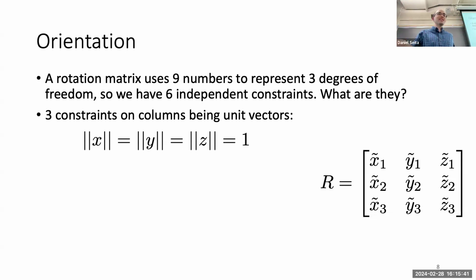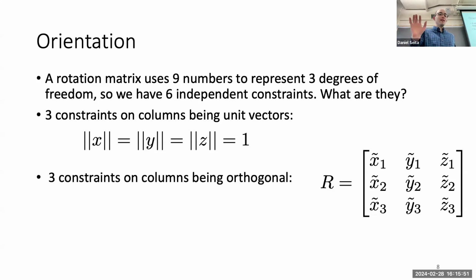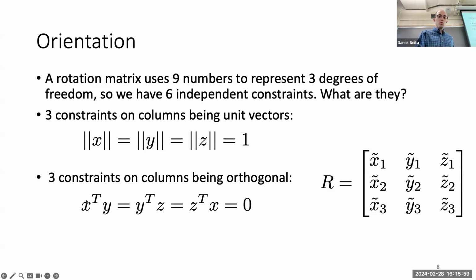What's the other set of constraints? The other constraints are that the columns have to be orthogonal to each other. So you take all the different combinations of the columns: x transpose y, y transpose z, and z transpose x, which is the same as x transpose y, since the ordering doesn't matter, and make them equal to 0.